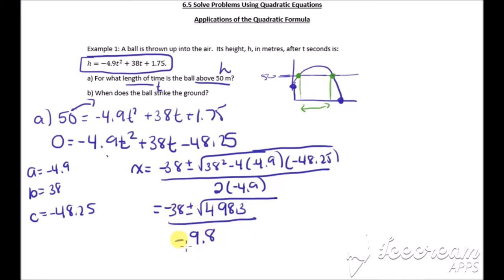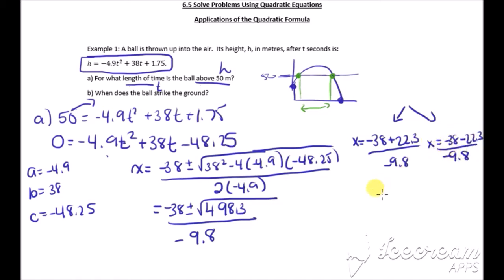Okay, so this is where we can go ahead and branch off, and I'm just going to branch off up here so I have some room to write it. So we're going to get x equals negative 38 plus, well, if we rooted this, we could also do it this way, 22.3 over negative 9.8, and then x equals negative 38 minus 22.3 over negative 9.8.